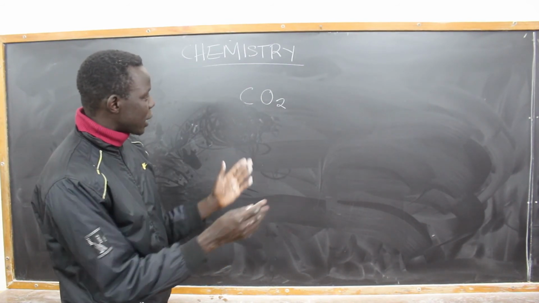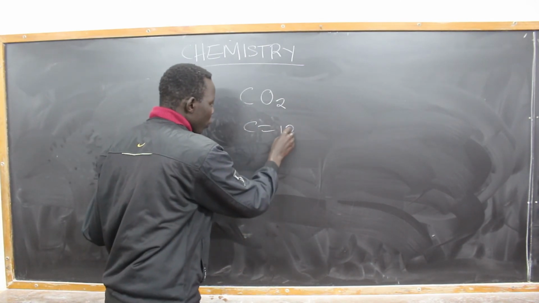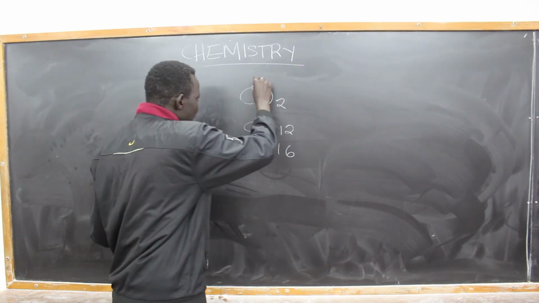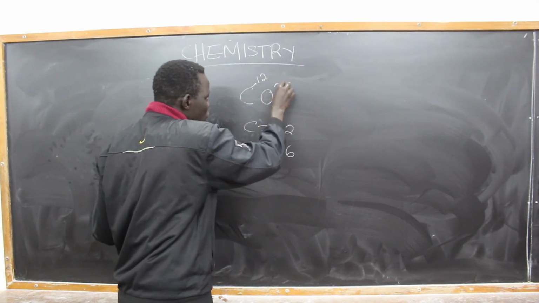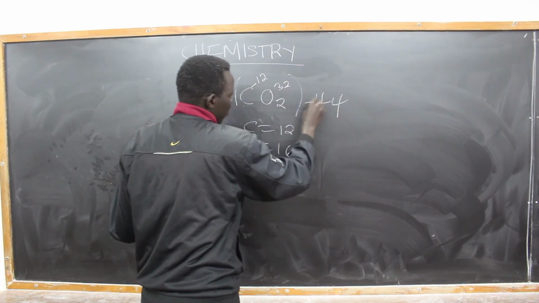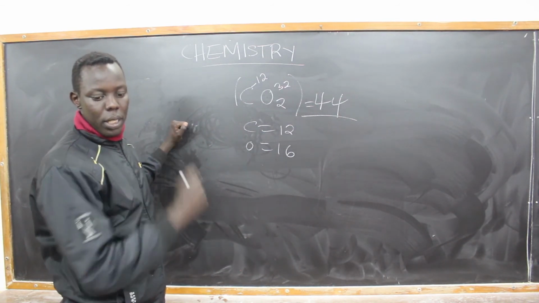So carbon is 12, oxygen is 16, but it is 2, so the whole of it will give you 44. That is it for a compound.